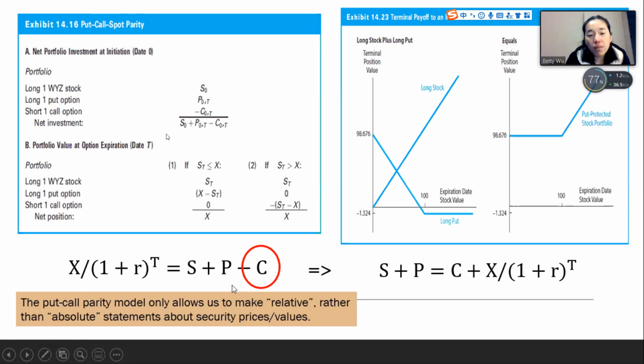That's what we mean by relative statements. And with put-call parity, this allows us to construct a put-protected stock portfolio. So protected from downside risk, but in the meantime, enjoy upside potential.